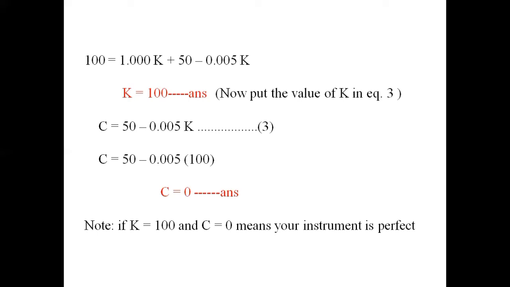Then put the value of K in equation number 3, C equal to 50 minus 0.5 times K. Put the value of K over here and find the value of C. Therefore, C is equal to 50 minus 0.5 multiplied by 100. The value of C is 0.